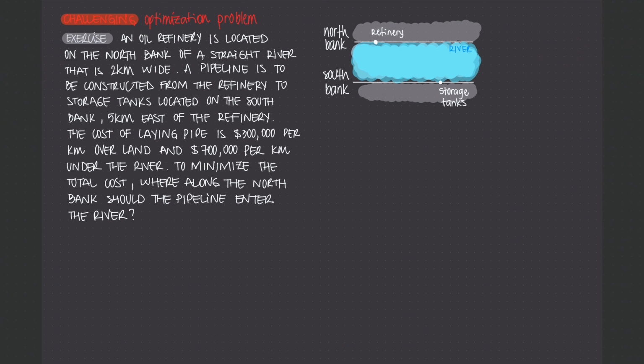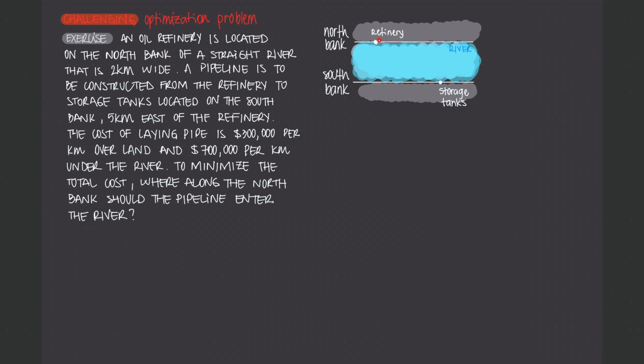Now, going back to the exercise, where should we place these pipes? We could consider two special cases here. The first one is to go from the north bank to the south bank in a straight line. I'm just doing these special cases to show in the end that they're not going to produce the best answer.